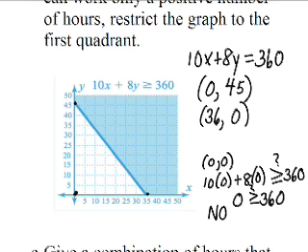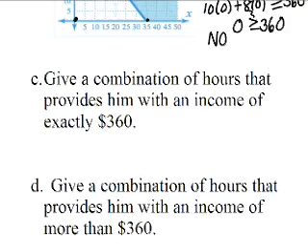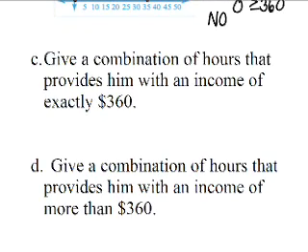Now we go to the next part of the problem. This says, give a combination of hours that provides him with an income of exactly 360. So the equation 10x + 8y = 360.